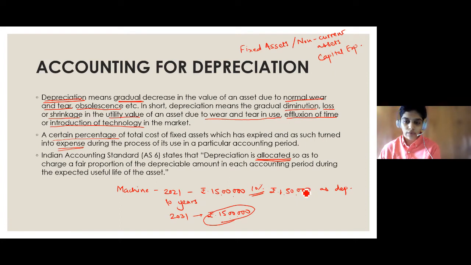So when I charge 1,50,000, this value is automatically reduced and it becomes 13,50,000. That is how depreciation is charged or depreciation is allocated.